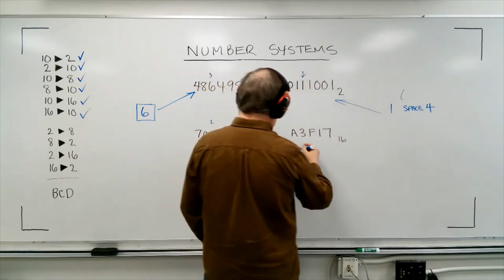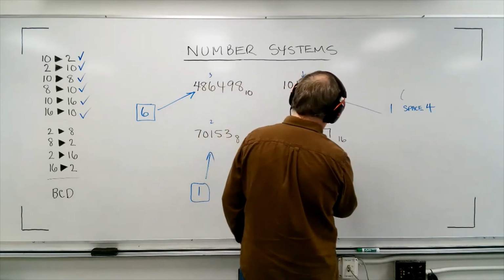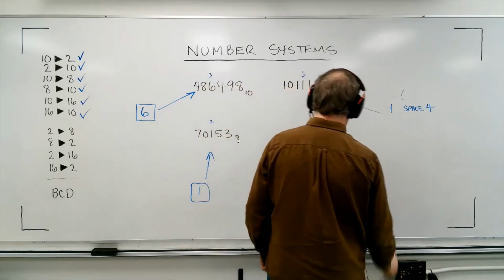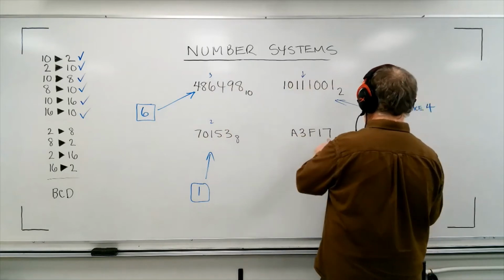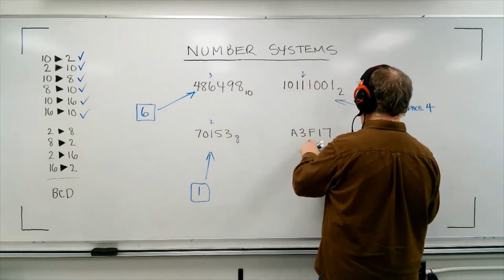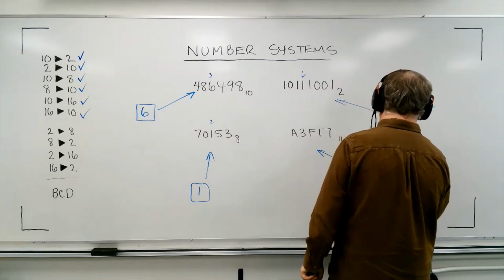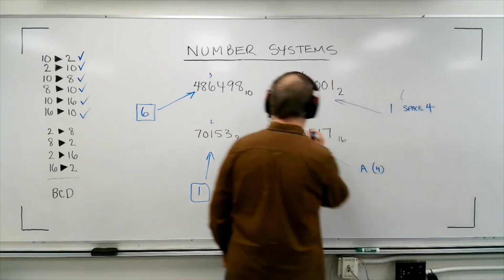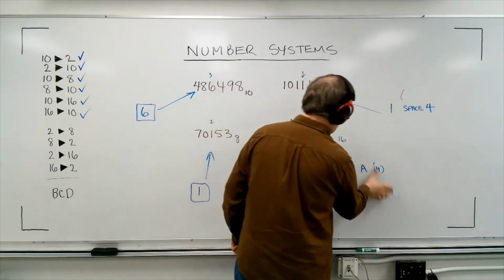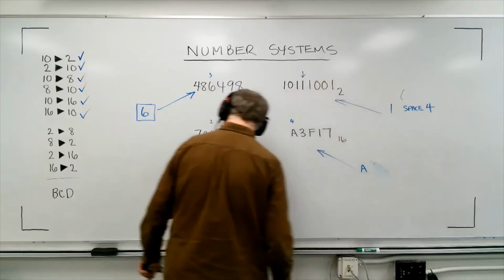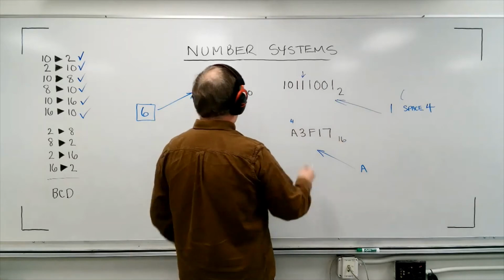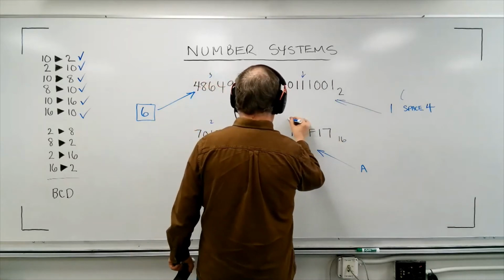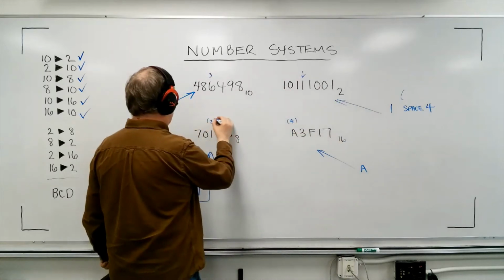And what about the A in this base 16 number? That's actually in space 4. Okay, so this is 4 actually. Okay, so if you look at the A, it's literally in space 4. This is in space 2.